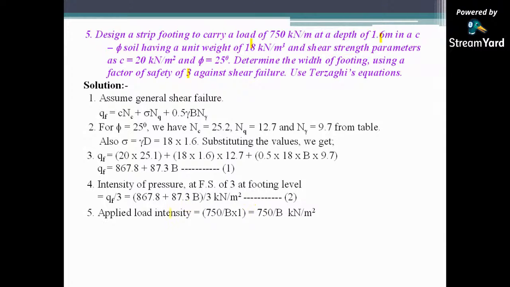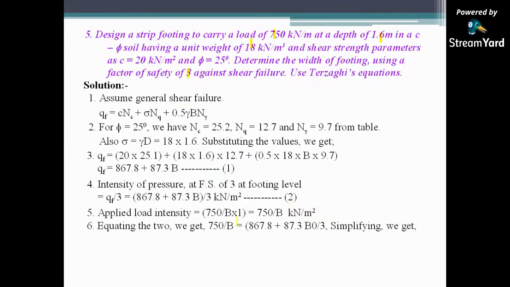Now the applied load intensity. As it is a strip footing, we are calculating it per unit length. So the total load Q, 750, which is given to you here, divided by the cross-sectional area B into L. L is unit length, so you take it as 1. So this will come as 750 upon B kilonewton per meter square.